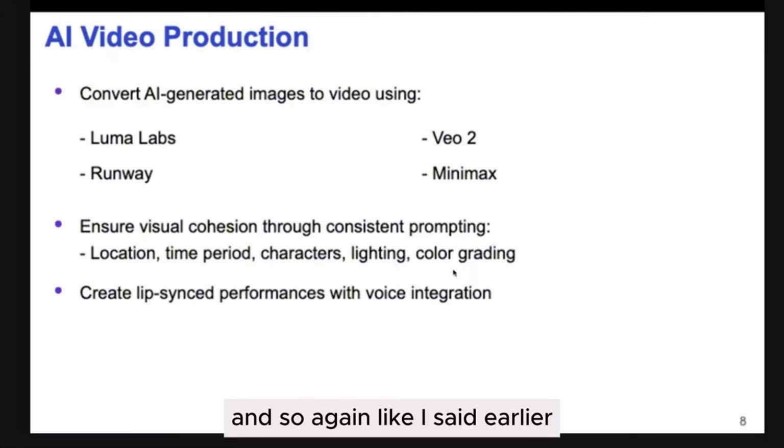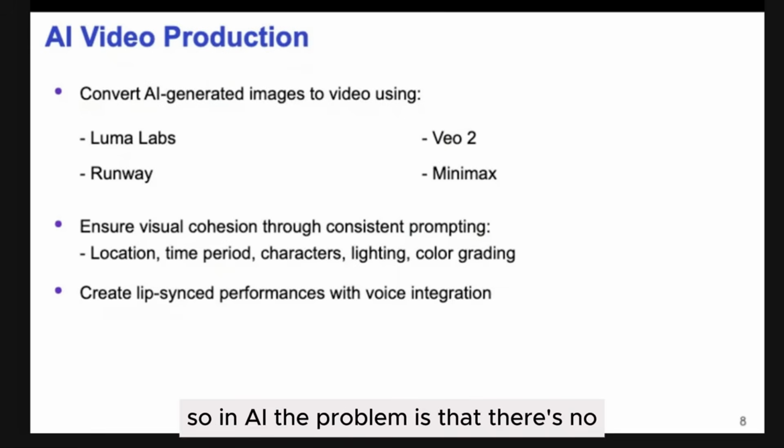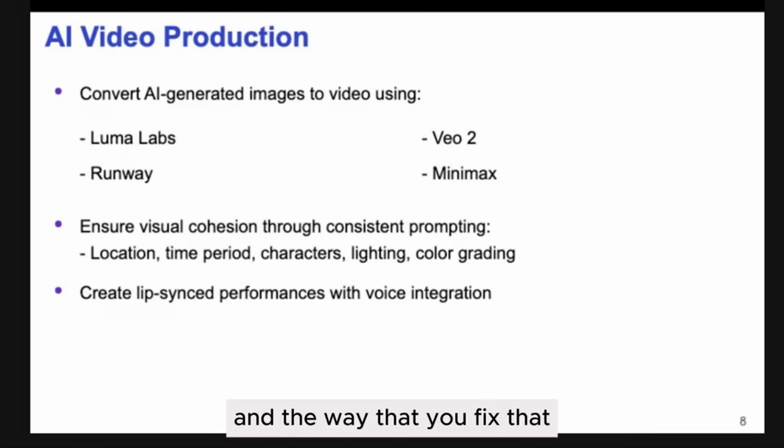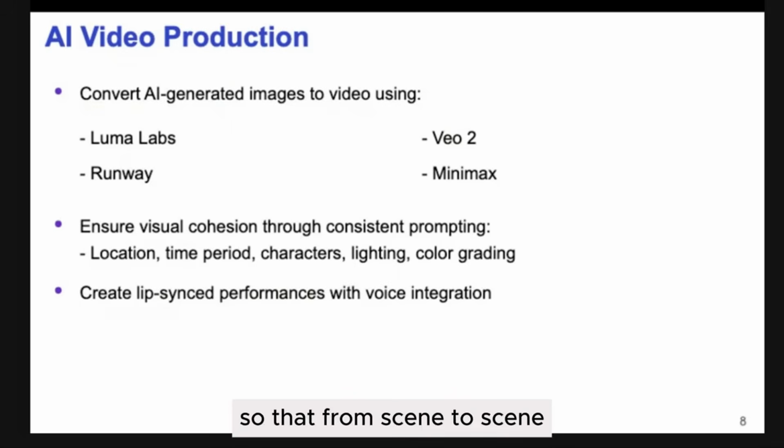And so, again, like I said earlier, so that you don't have a lot of jump cuts. So in AI, the problem is that there's no continuity between scenes and characters. And the way that you fix that is that you have to prompt in the location, the time, the characters, the lighting, the age, the race and ethnicity and skin tones and clothing, so that from scene to scene, everybody looks the same.